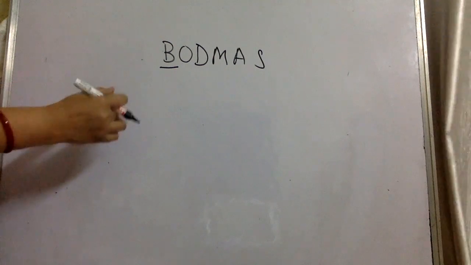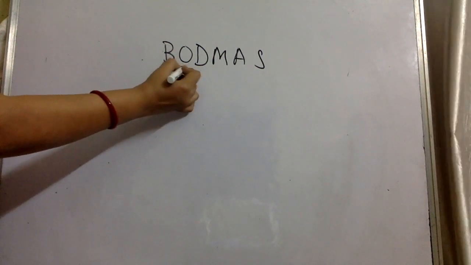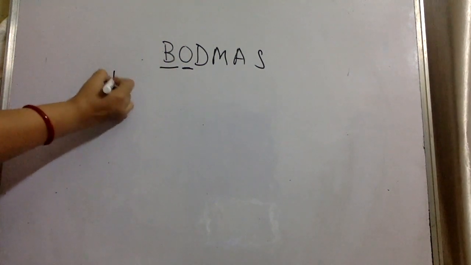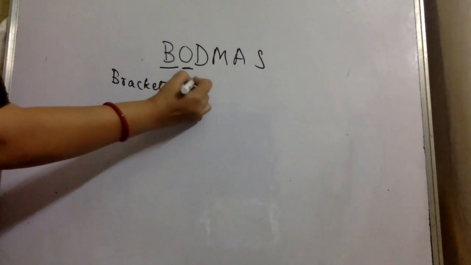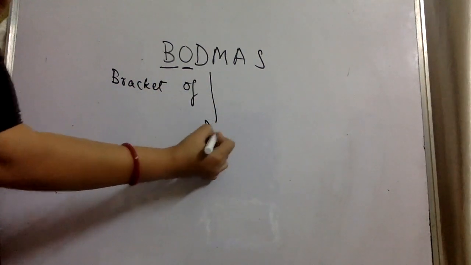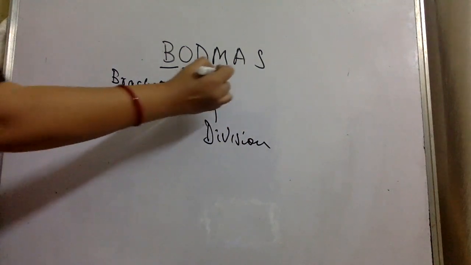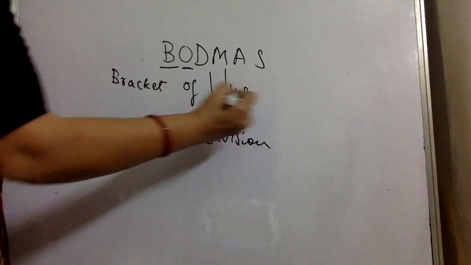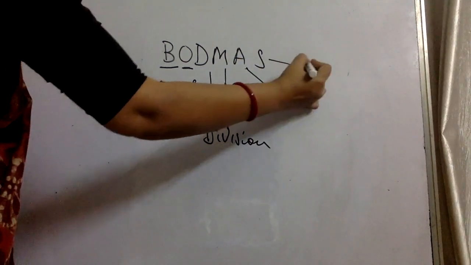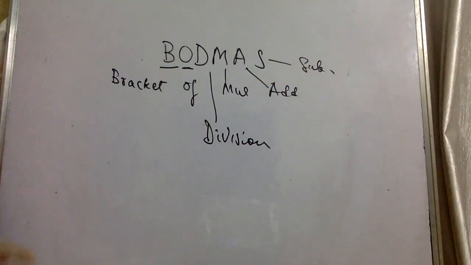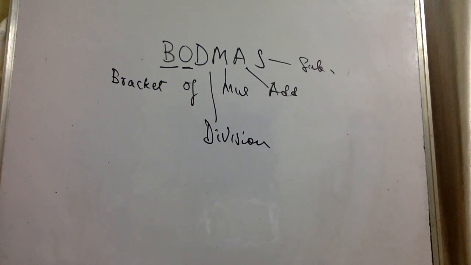B stands for bracket, O stands for off, D is for division, M is for multiplication, A is for addition, and S is for subtraction. So we have the meanings of all the letters here.